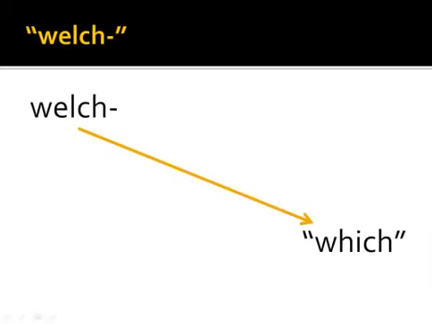And you'll recall from prior discussions that every time we ask a question in German, we may have to change the word order, the syntax, in the German sentence. This is something that we'll see again when we use welch.